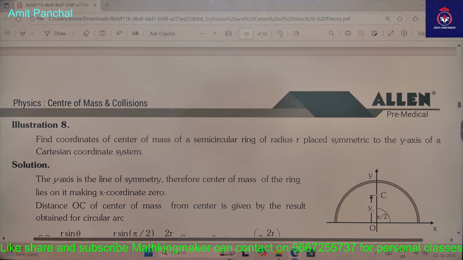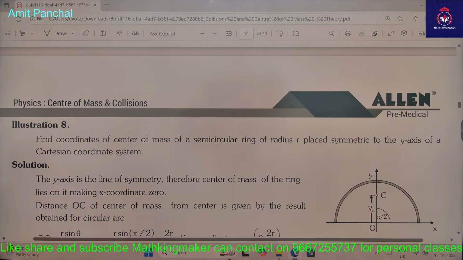It is a circular ring, disc. Just find the value here. It is 2r by pi.